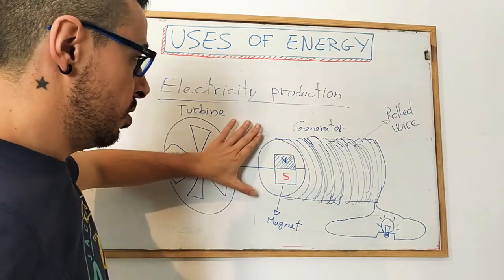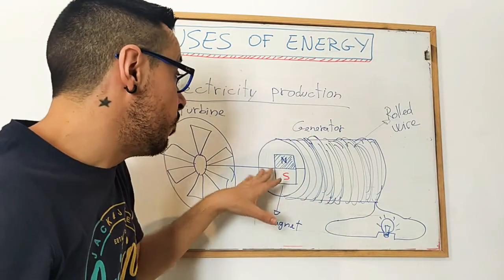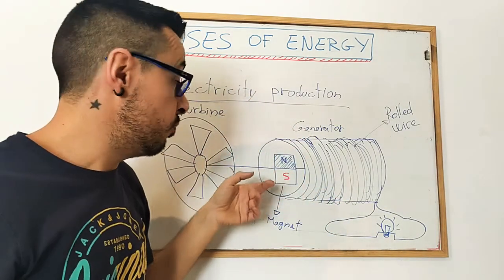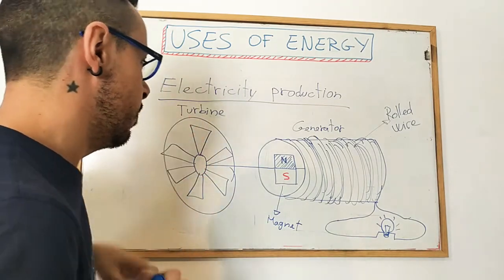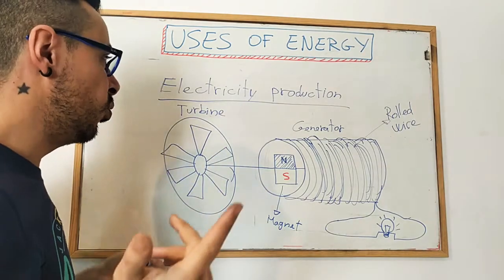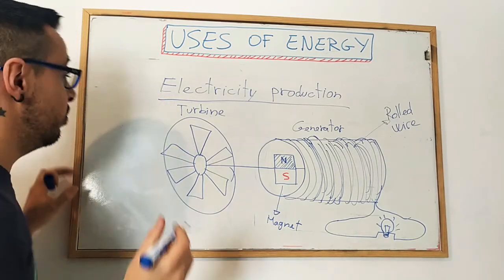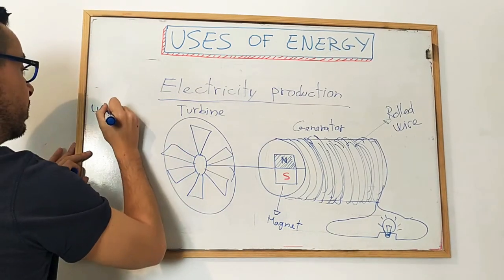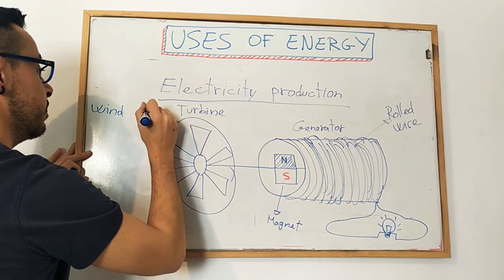Okay, so we produce the electricity with the generator, but how do we move this? We need to move this really fast. So for moving this, we have the turbine, and maybe you are asking, how do we move the turbine? The turbine can be moved by wind, okay, and the windmills.